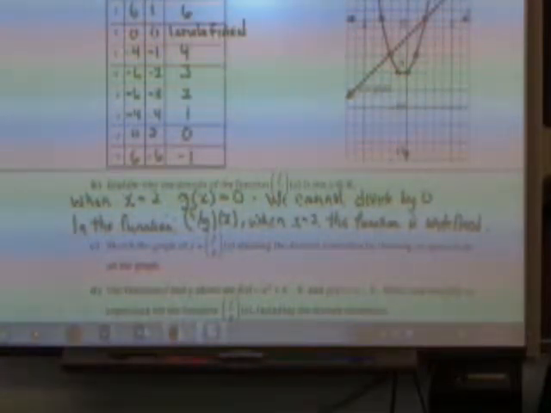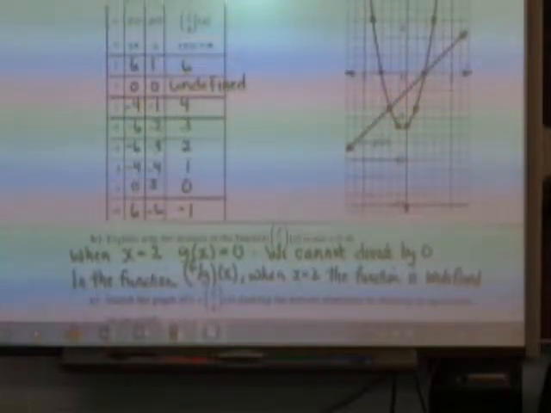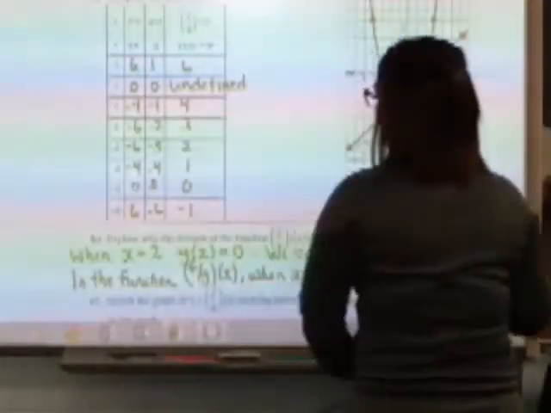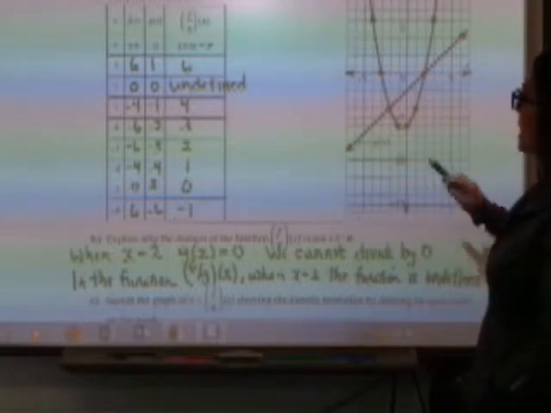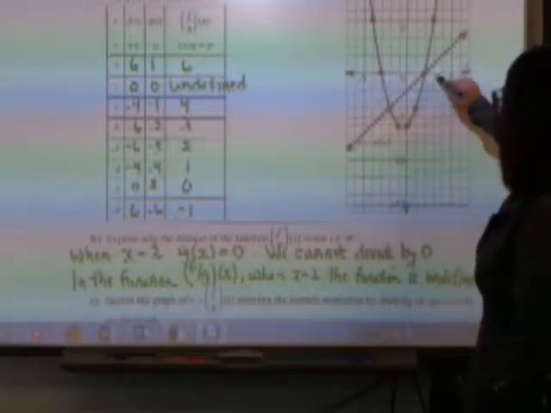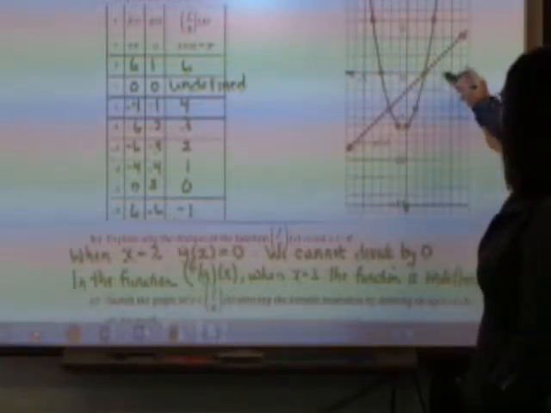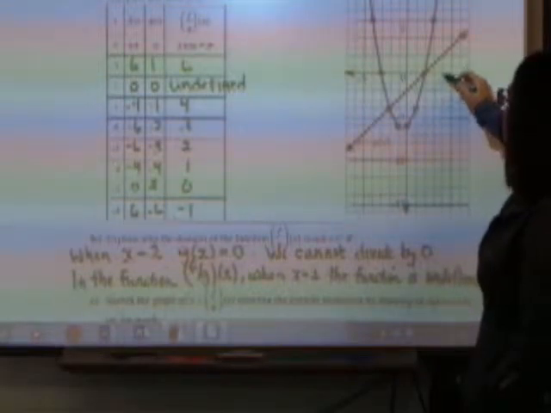So it says, sketch the graph of this function, showing the domain restriction by drawing an open circle on the graph. In other words, if I start graphing this, when x equals 4, the quotient function is equal to 7.